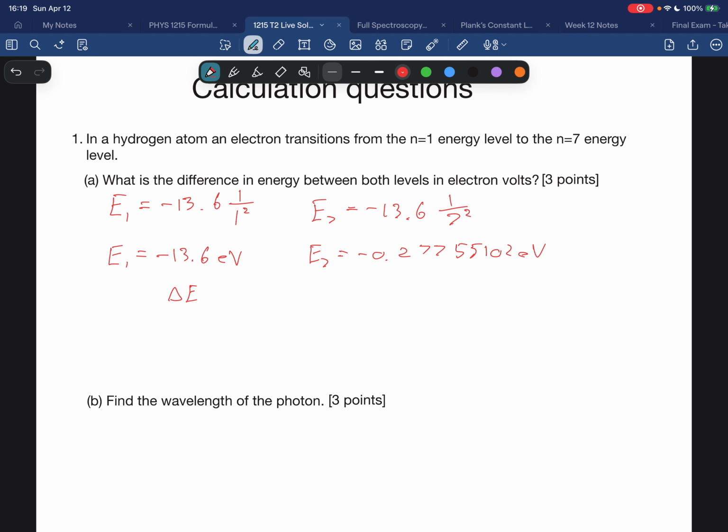So delta E, this is EF minus EI. So this is going to be E7 minus E1. Now we are told we are starting at n equals 1 and going to n equals 7. So 7 is the final, 1 is the initial.